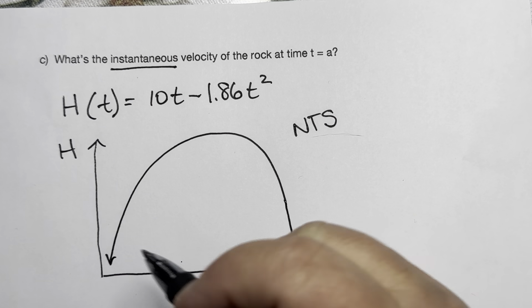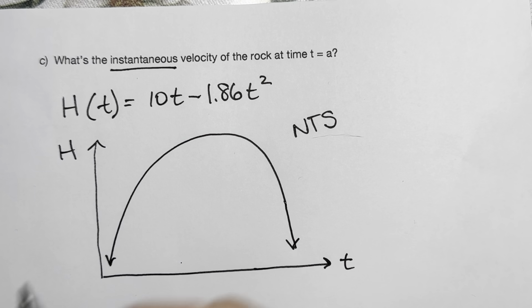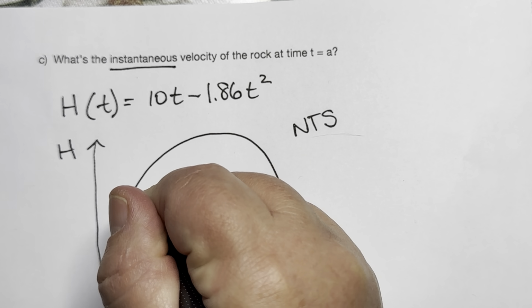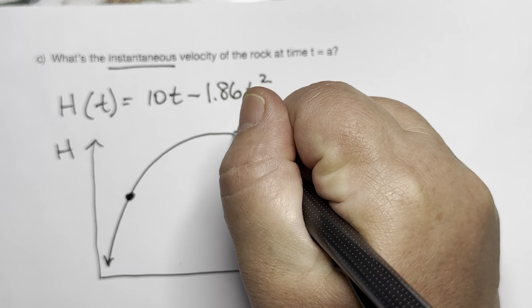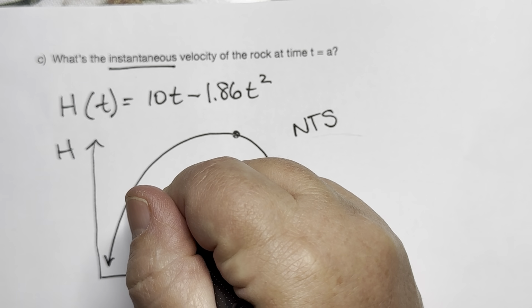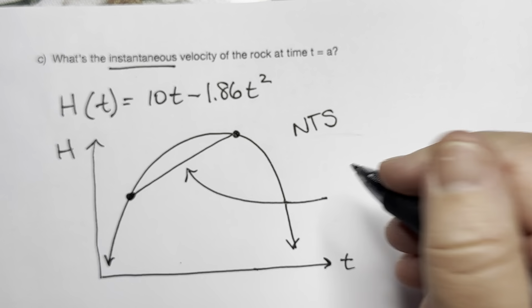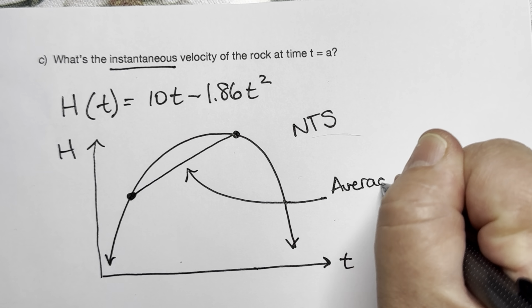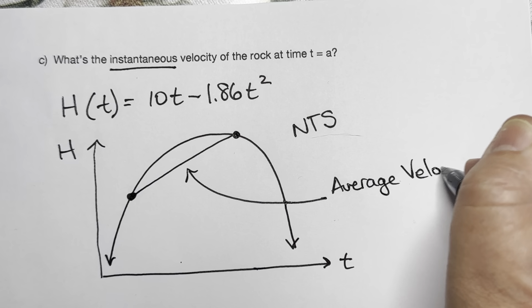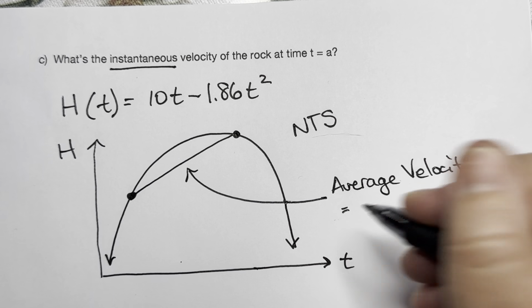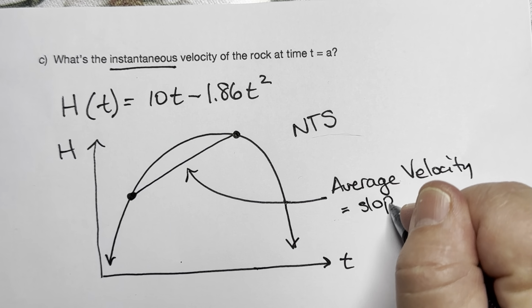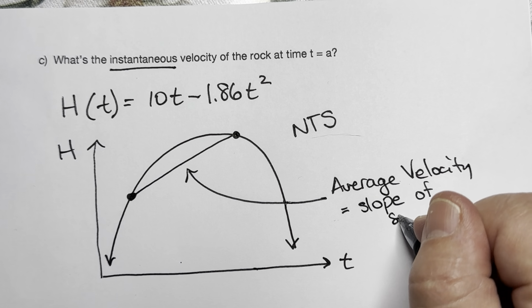So we've got this graph, and if I want to know the average velocity between these 2 points, the average velocity is the slope of the secant.